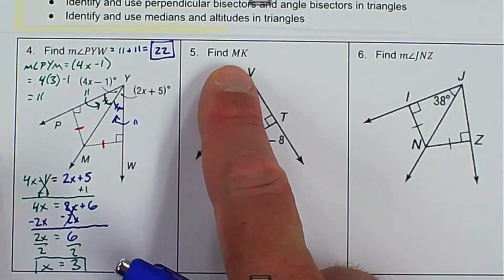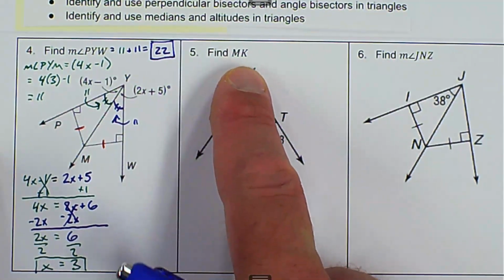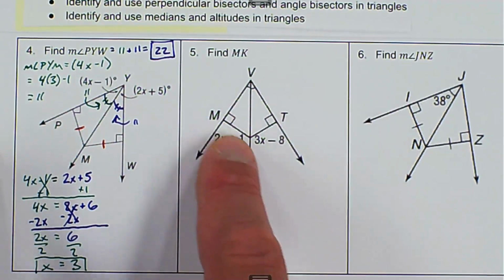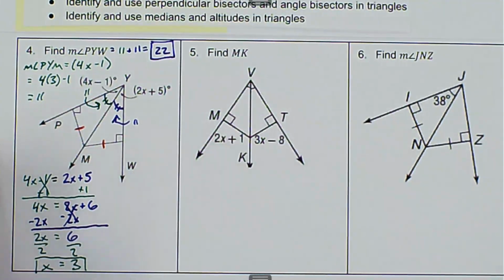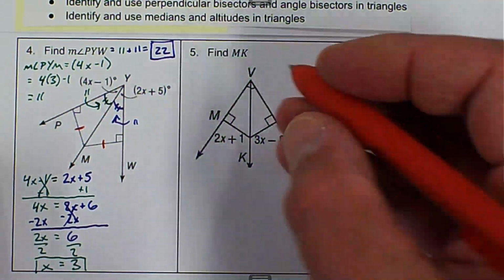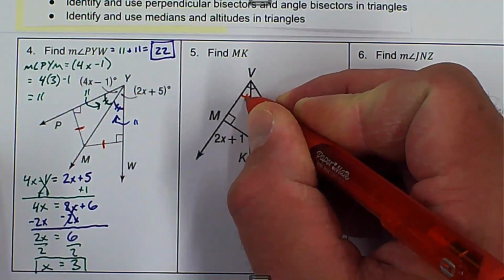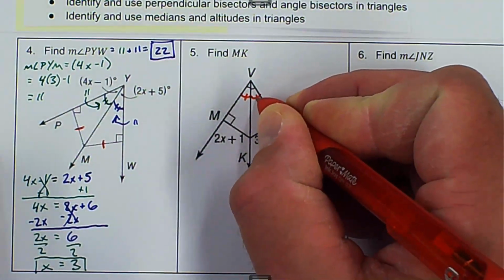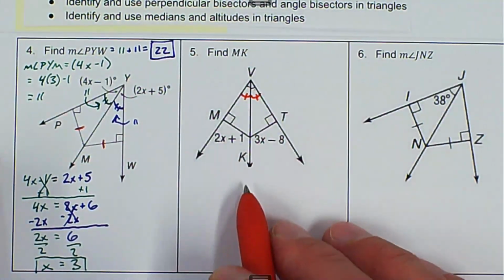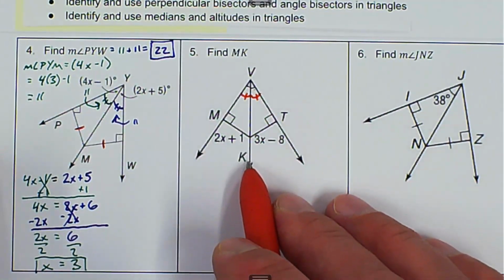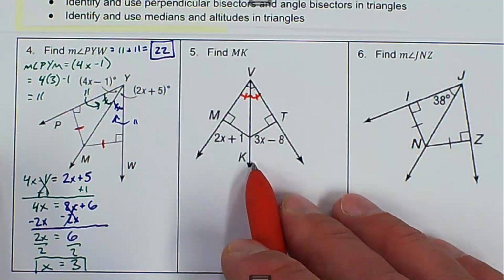Here we have another example. It says find the distance from M to K. The distance from M to K right there might be hard to see on our drawing, but our angles are marked as congruent. So it says that this angle is congruent to this angle. Because those two angles are congruent, that makes VK the angle bisector.